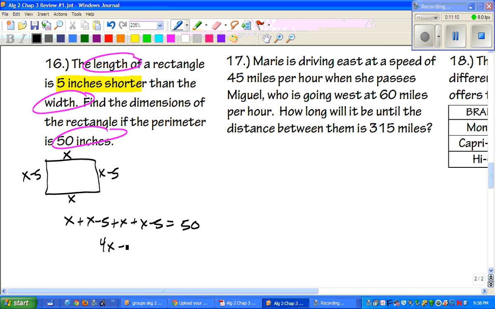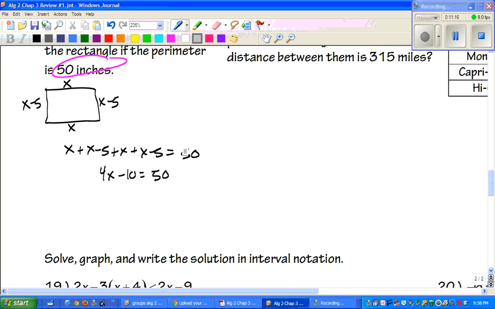When you combine your like terms, now it's just solving for x. So we're going to add 10 to both sides. You get 4x equals 60. Divide both sides by 4. x equals, who knows?